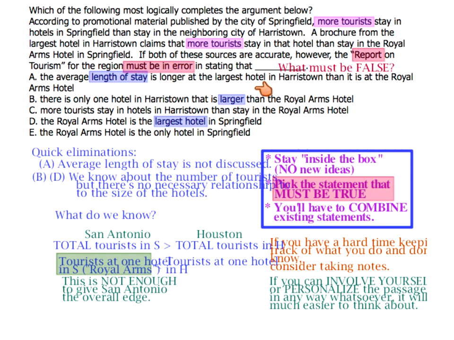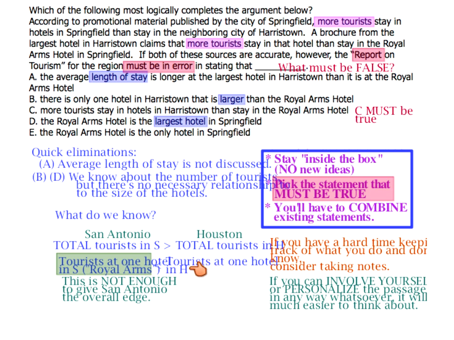So, well, you think about these. A is gone, B is gone, D is gone, because they all talk about things that have basically nothing to do with anything. C must be true. I mean, C is a thing that is absolutely and positively true, not false. Because C says that you have more tourists staying in the entire city of Houston than you do in the Royal Arms in San Antonio.